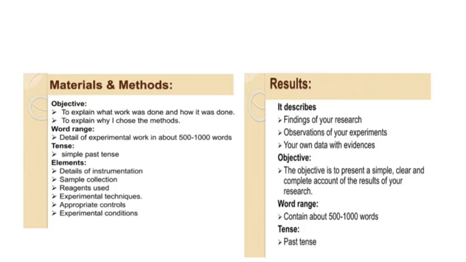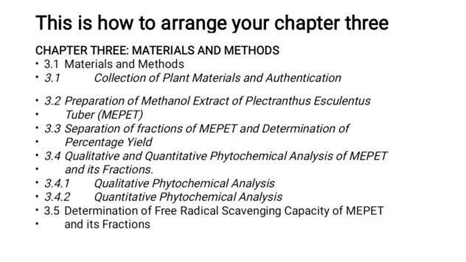It describes what work was done and how it was done, and explains why you chose the method. It has to do with details of instrumentation, sample collection, reagents and experimental technique, appropriate controls, and experimental conditions. All of them are stated here. So this is how you arrange your chapter 3.